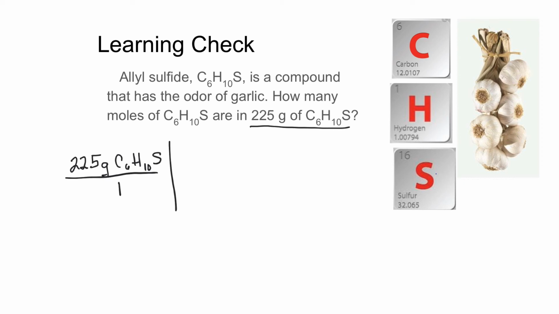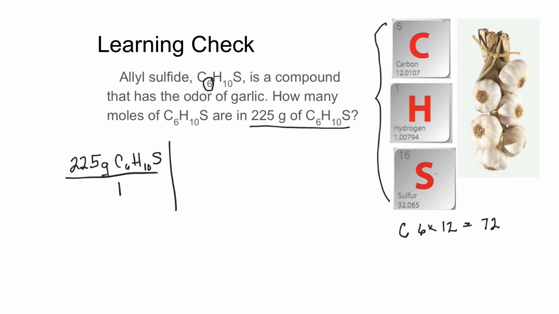And so now we need the molar mass of allyl sulfide. So let's just do that down here. I've given you all of the squares from the periodic table so you can see what those masses are for each of the elements. So for carbon, we have 6 moles of carbon in this formula, in this compound. So 6 times the mass of carbon, which is 12. That would give us 72.